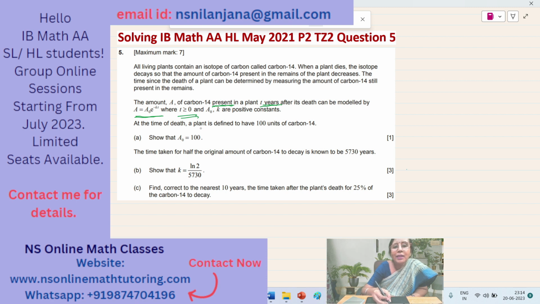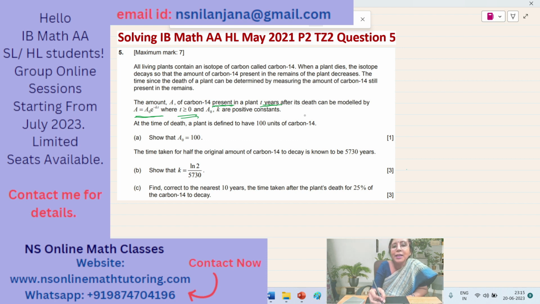At the time of death, a plant is defined to have 100 units of carbon-14. Part a says, show that A0 equal to 100. It contains just one mark. So at the time of death, t is equal to 0, because t is the years after its death.